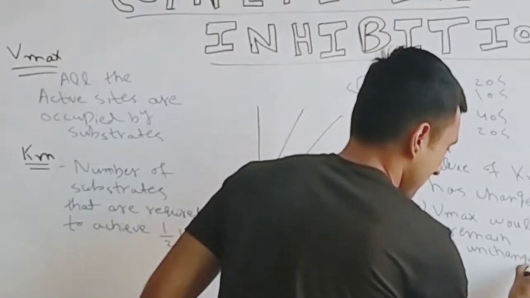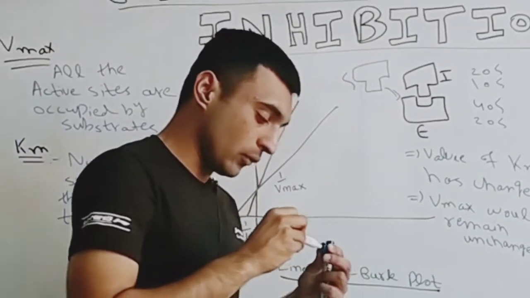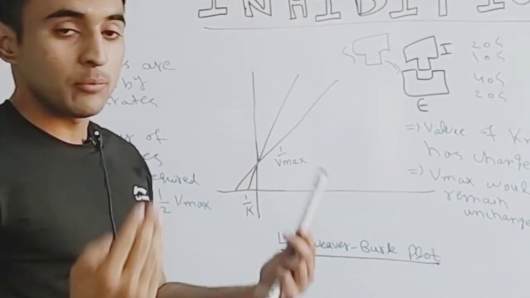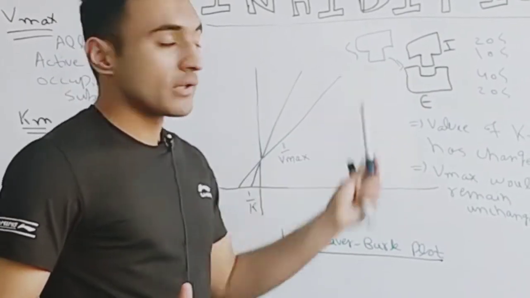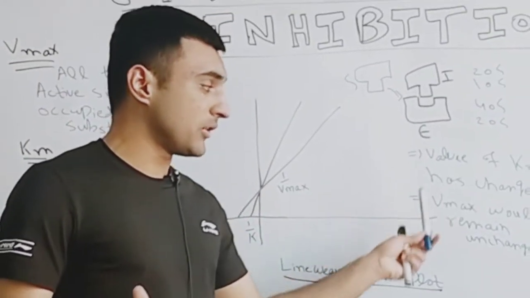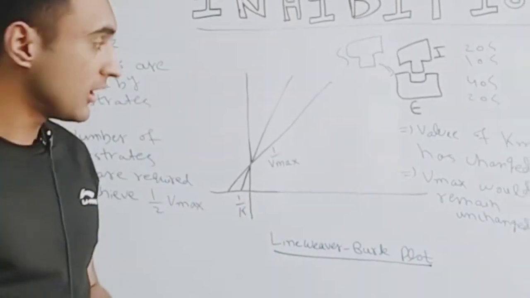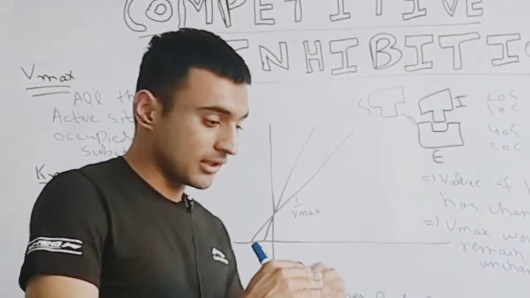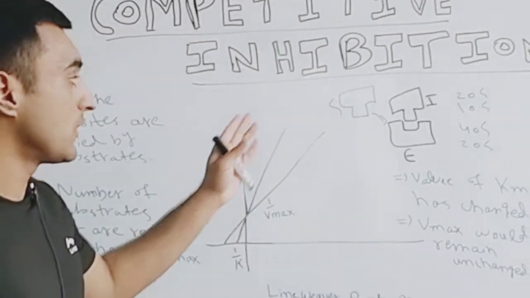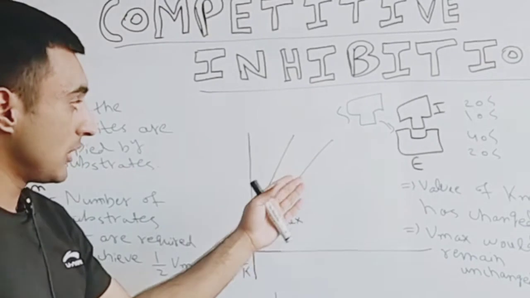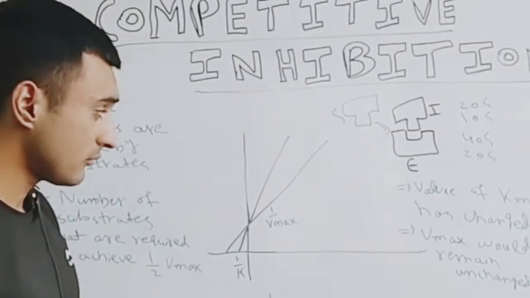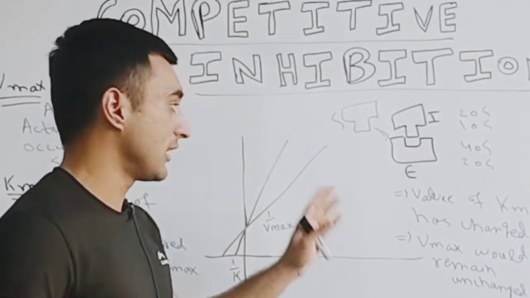Vmax would not change because Vmax would be achieved at any point whenever the substrate would be attaching to that enzyme. So that's why only the value of Km would be changed. Vmax would remain constant because when the concentration of the substrate reaches the point which leads to the detaching of the inhibitors, it can actually lead to the point where Vmax would be achieved. So that's why Vmax would remain constant in this regard.